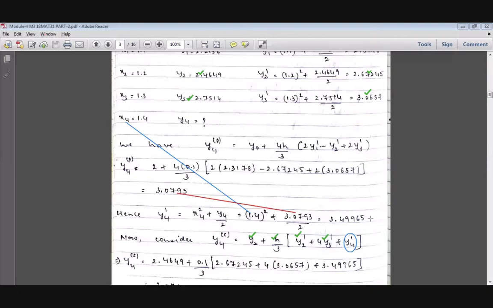So y4 dash will be 3.49965. Substitute that value also, you will get the corrector formula answer after applying the corrector. Understood? Understood or not?